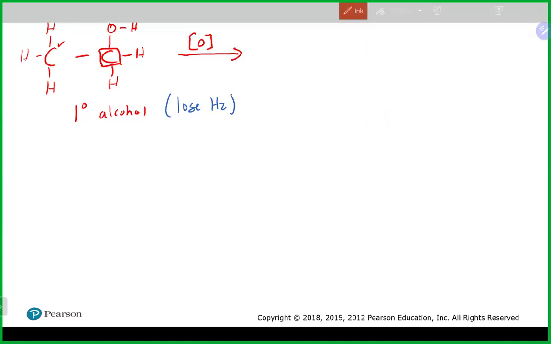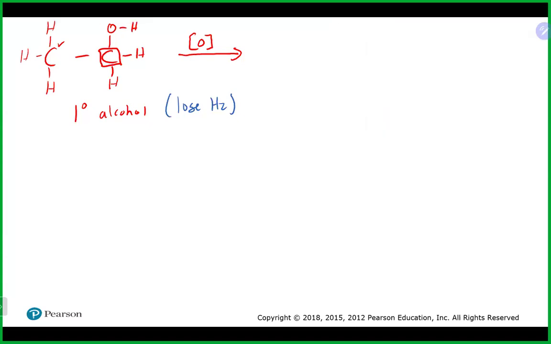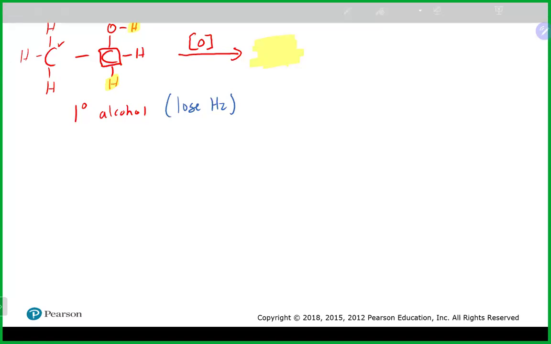It basically, 100% of the time, will always be the hydrogen that's attached to the O in the OH group. So you're always going to lose that hydrogen. And now the other hydrogen is going to come from the carbon that the oxygen is attached to. Your choice, whichever one you want. You can take either one. You're going to take out one of those. And that is going to give us the H2 that's going to come off here on the other side.